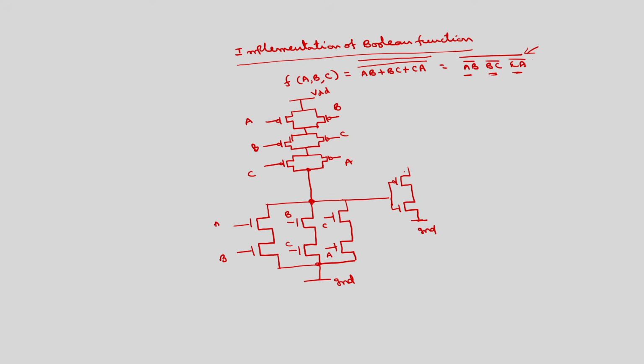Of course, these two grounds are the same, this VDD is the same, and this is the final out, which will give AB + BC + CA.